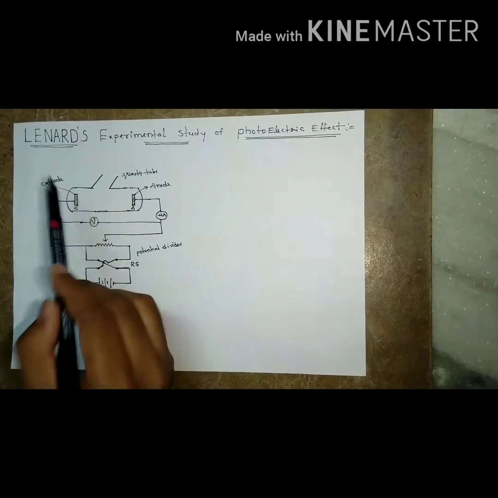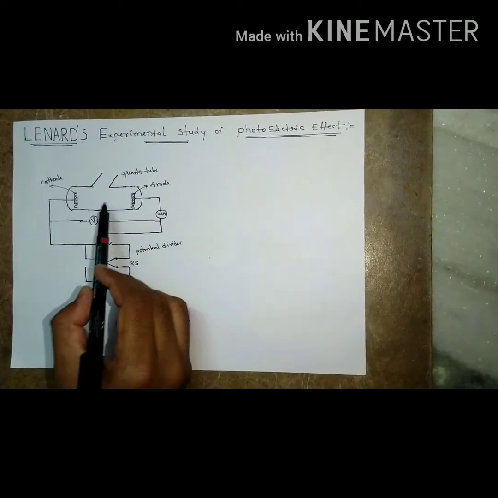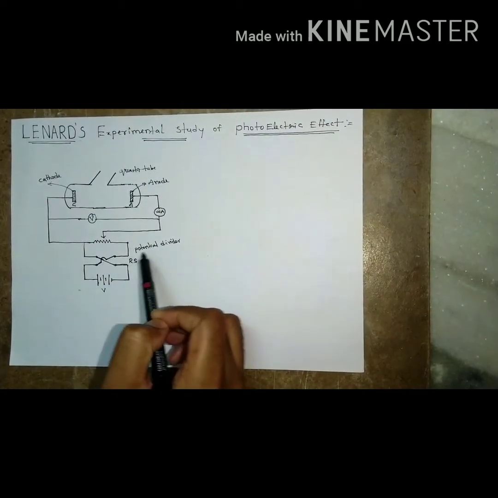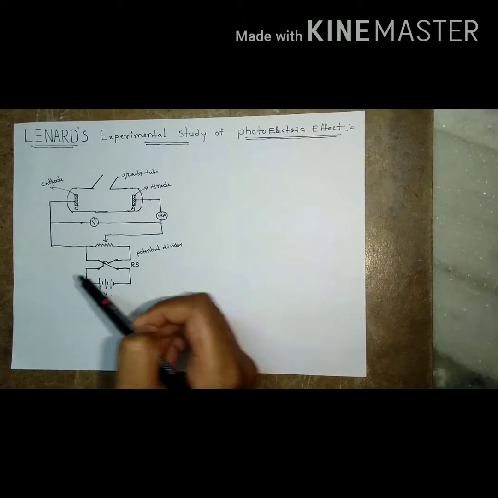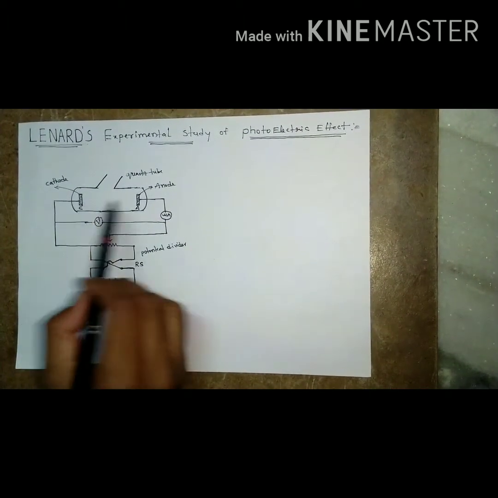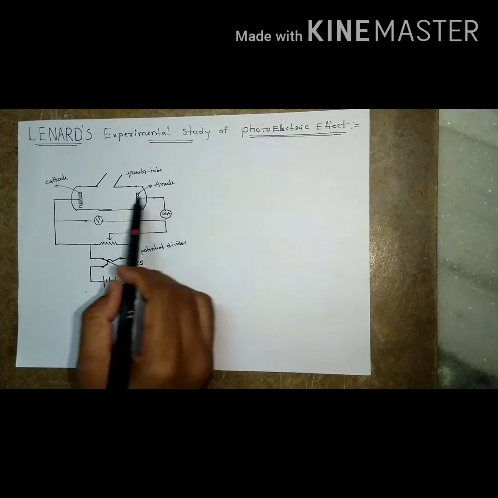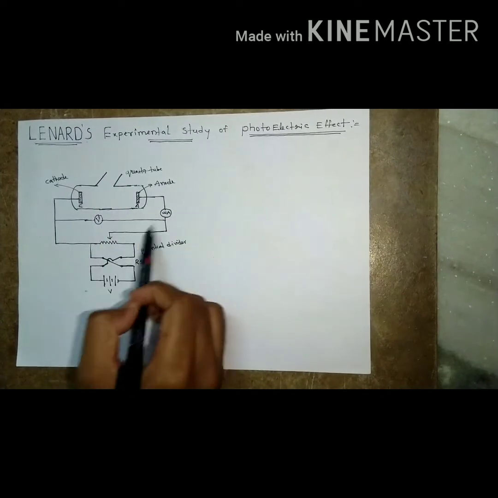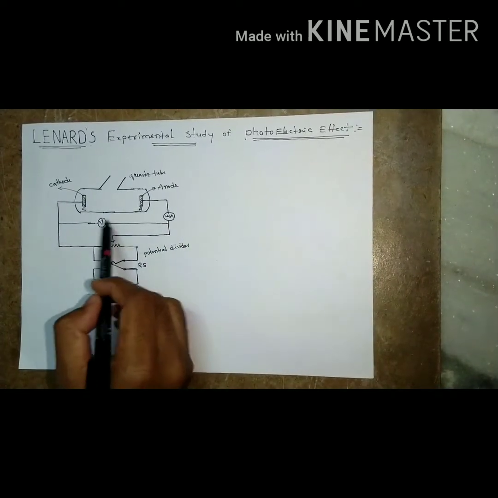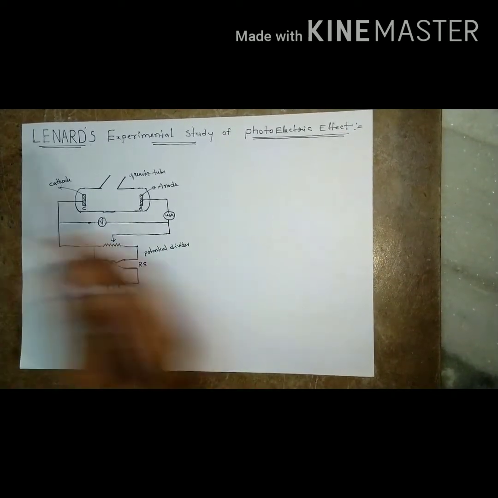The light is incident through this window. The tube is connected to a potential divider. The potential across the two electrodes is V, and the current through the circuit is measured with an ammeter, and this is a voltmeter. So this is the diagram.